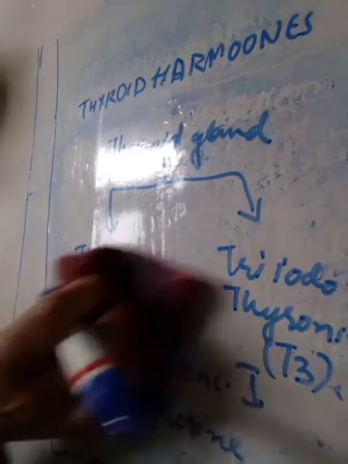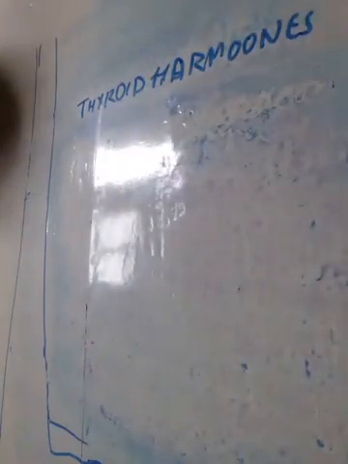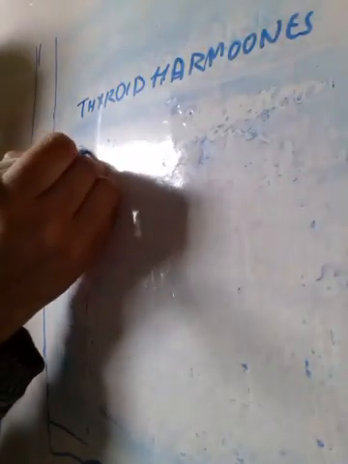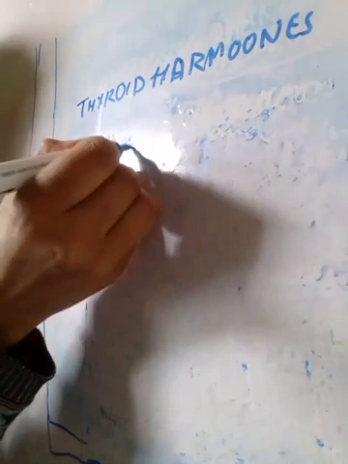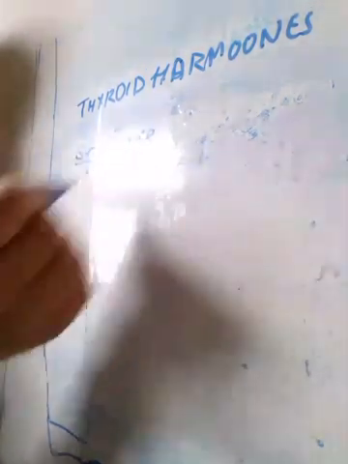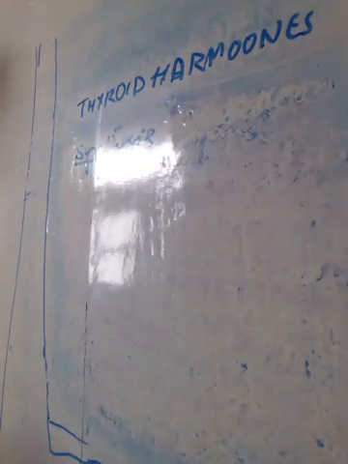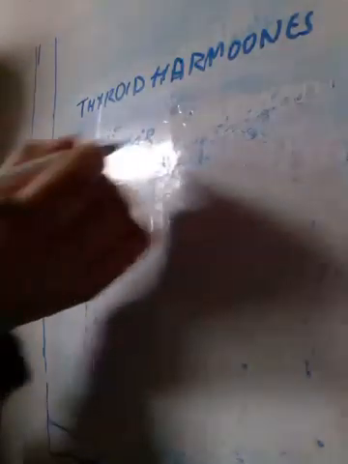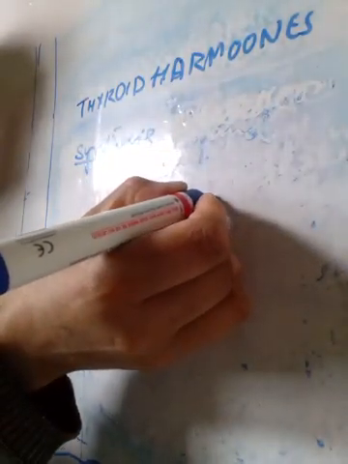Now coming to the synthesis of thyroxine. In this thyroid gland, the cells are arranged in a circular form.